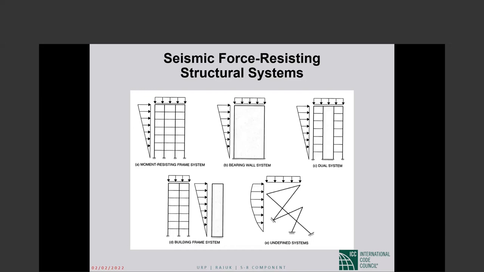So there is total separation between the gravity system and the seismic force resisting system. Seismic forces are resisted by the shear walls, the gravity resisted by the frames.